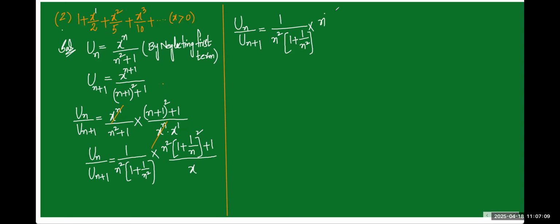So here, 1 plus 1 by n whole square, left of 1 by 1 plus n, plus. From this one also, if you take n square common, taking common means we are dividing with the term, divided by x. Now again, if you notice, these two are cancelled.